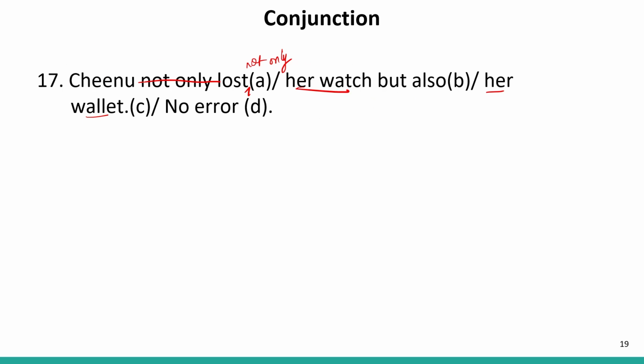So the correct sentence will be: Chinu lost not only her watch but also her wallet. So our answer is A. Now answer is A because not only, which is incorrect, is written in part A, and it can be added in part A only to rectify the sentence.